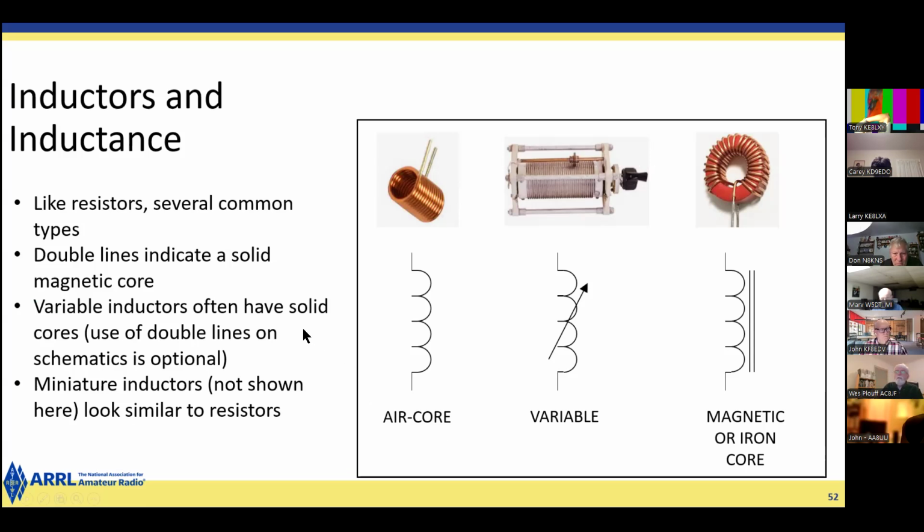Variable inductors often have solid cores, and in that case, besides the contact that slides back and forth to contact different numbers of turns, you'll see that the core can be slid or screwed partly in or partly farther out of a coil, and it changes the inductance that way.